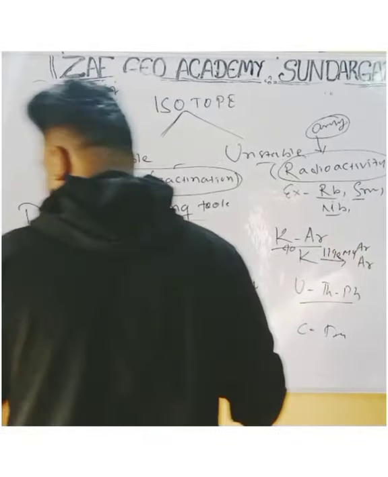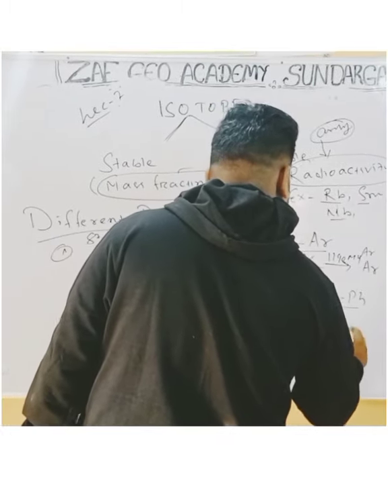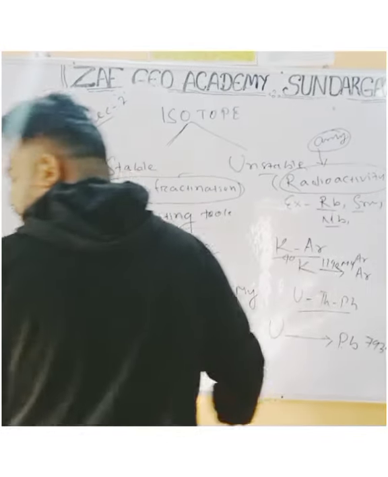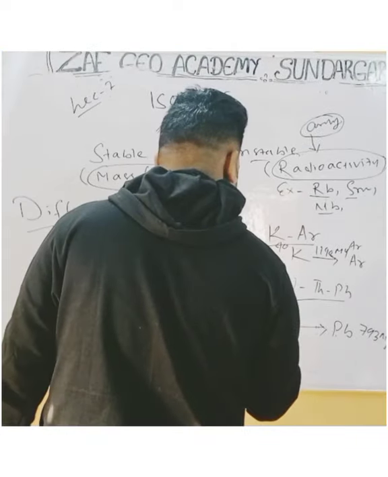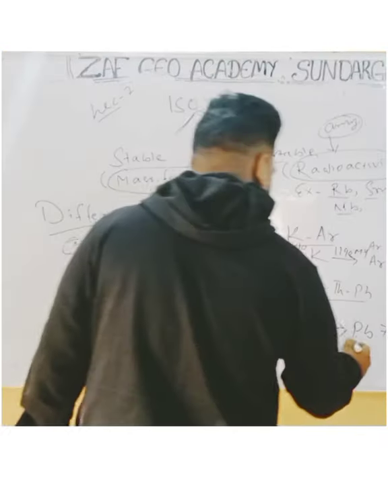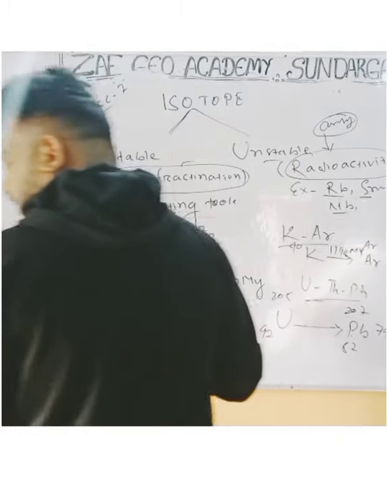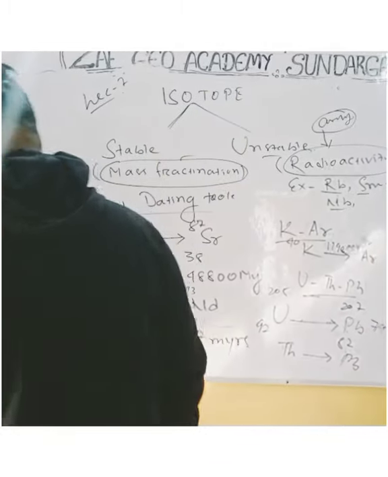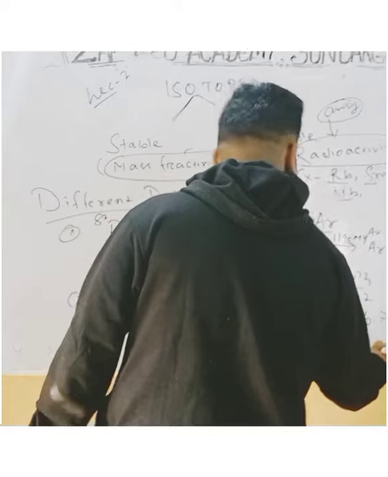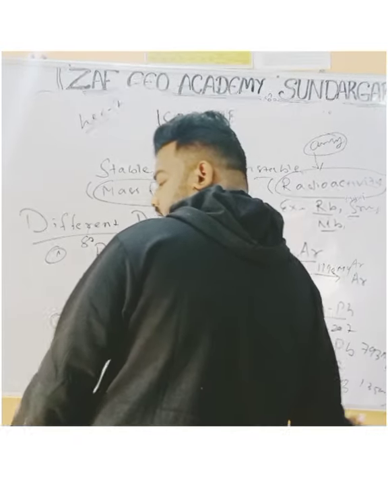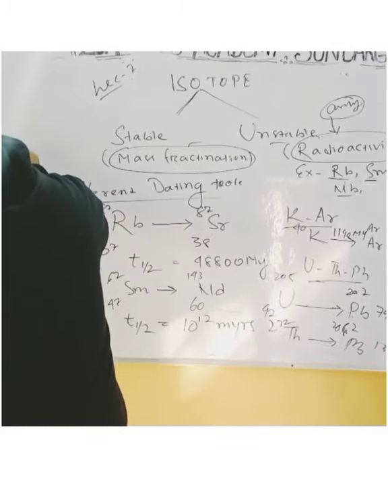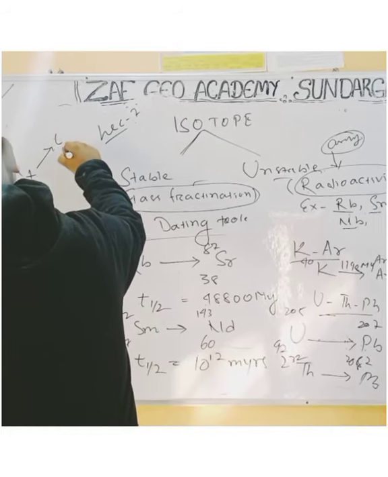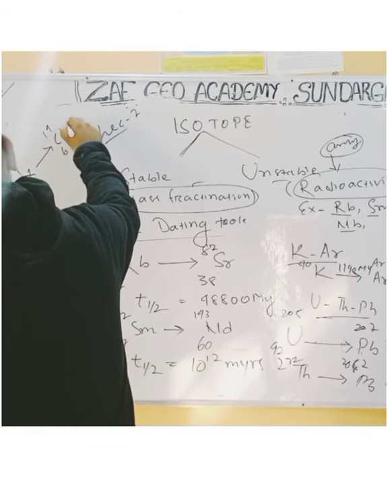Uranium converts to lead, and the half life is 793 million years, 92 205 and 82 207, and thorium converts to lead, the 230, and the half life is 13500 million years.